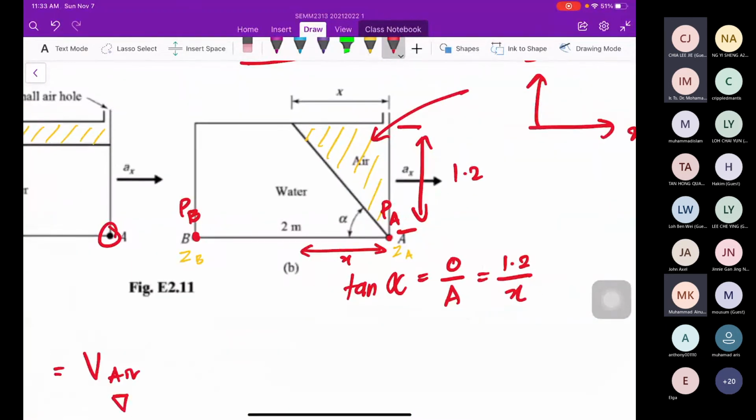This is X. What do you think of XB? XB is at the position of 0, right? XA is at position 2. You can see the distance is 2 meter.